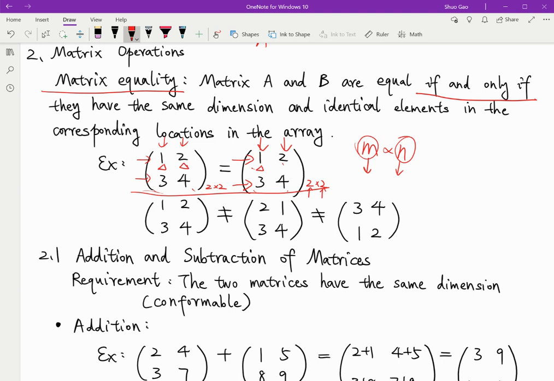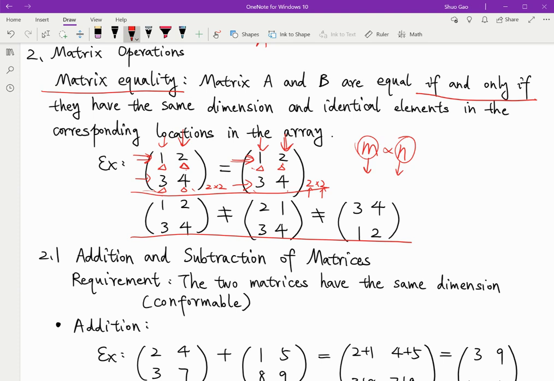And the number 2 here is in the first row and second column, and here it is also in the first row and the second column. So 2 has the same location in the two matrices. And the same goes for 3 and 4 here, right? So we can say that all the numbers lie in the same location in the two matrices, and also they have the same dimension. Only in this way can we say that the two matrices are equal to each other.